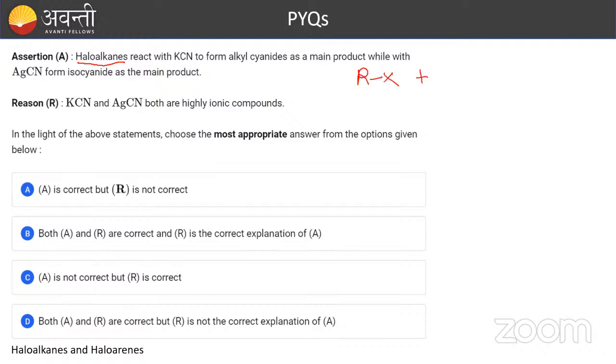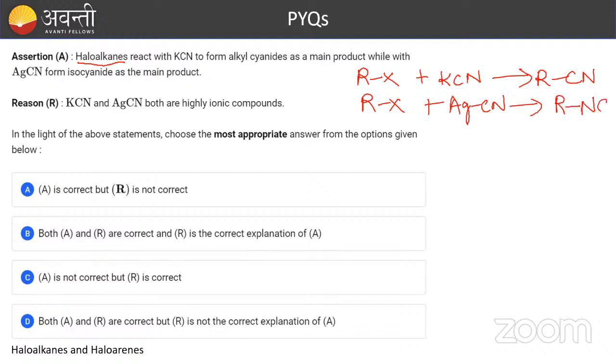It reacts with KCN to form alkyl cyanide as the major product, while when RX is treated with AgCN, it forms isocyanide, RNC, as a major product. And this assertion is correct. With KCN, it forms cyanide, and with AgCN, it forms isocyanide.